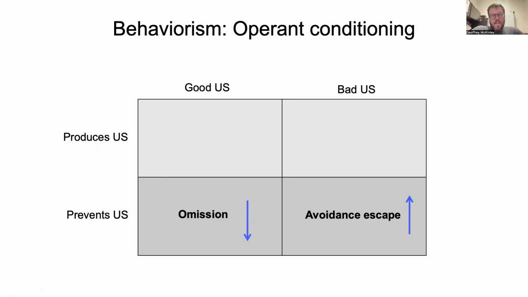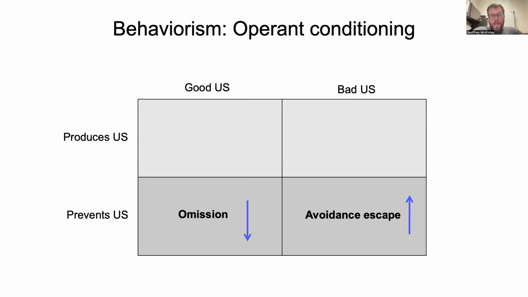You can think of negative as taking away something. Both of these are about taking away the unconditioned stimulus, whereas there are positive types of training where the behavior produces the unconditioned stimulus.